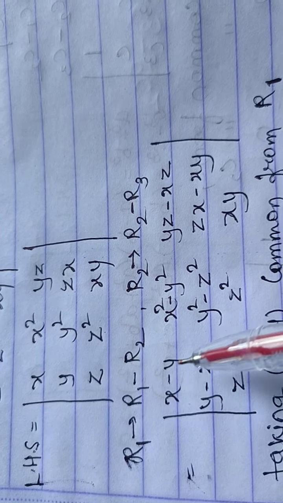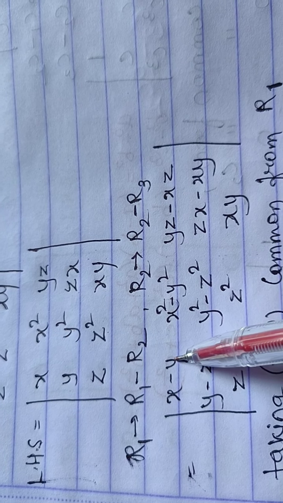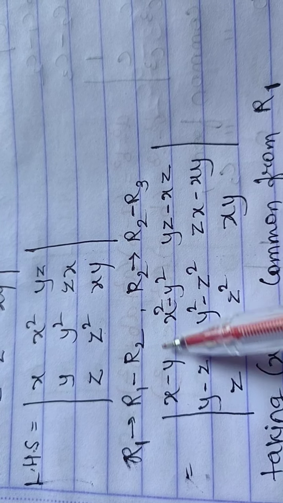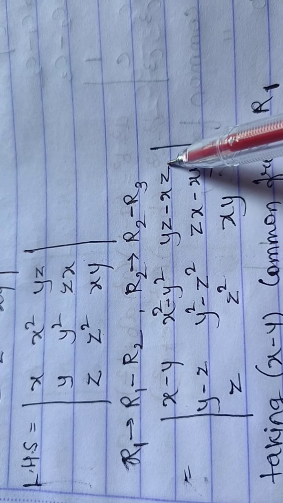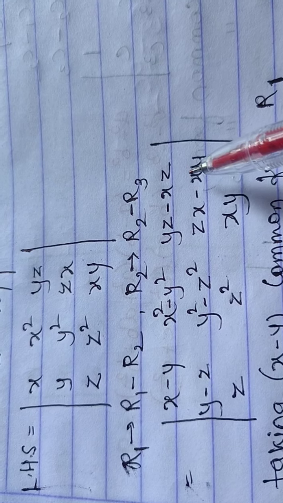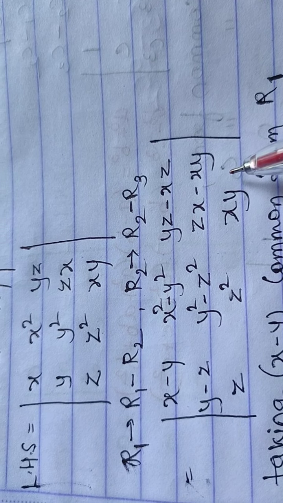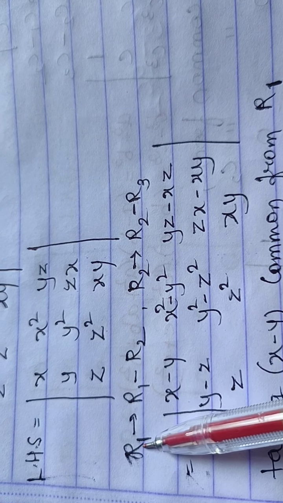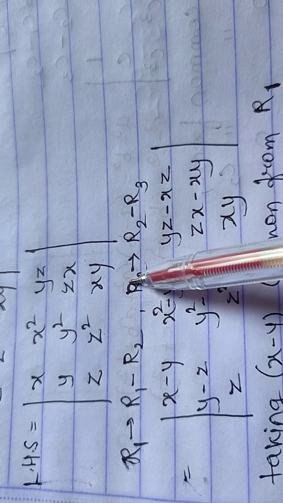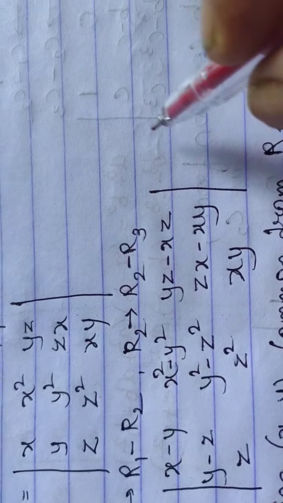I have written this after the row transformations: x minus y, x square minus y square and yz minus xz. Similarly we get the second row. The third row will remain as it is, no need to change its elements because we are doing the transformations on r1 and r2 only.